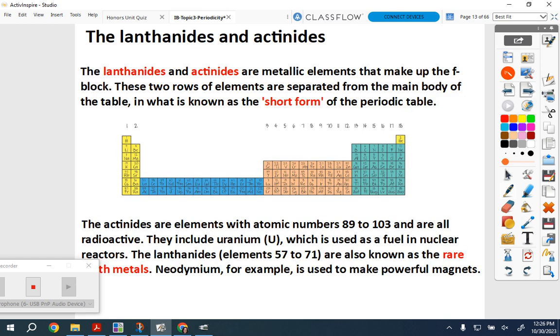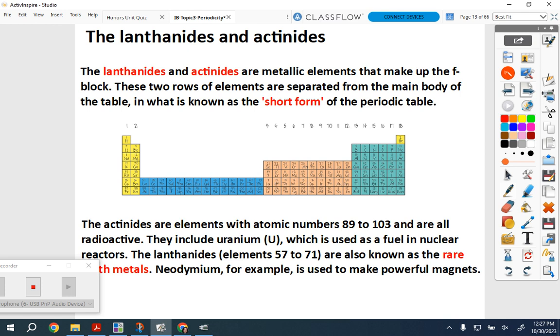And then there's also the lanthanides and actinides. So our actinides, these are our F block rows. Our actinides are the last row in the F block that would be in period 7 if we made our wide periodic table. Many of our radioactive elements are going to fall in that row, including uranium.